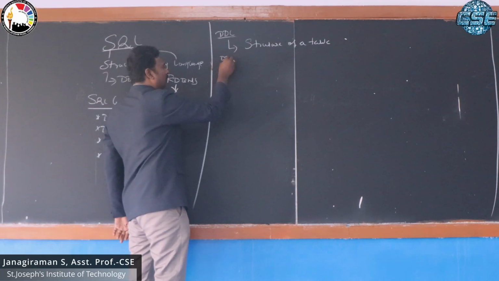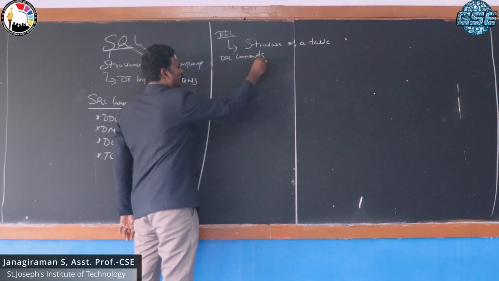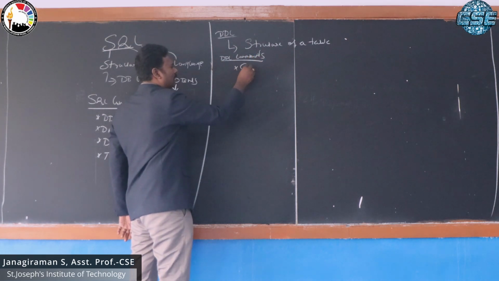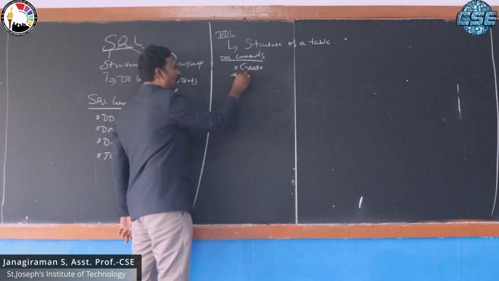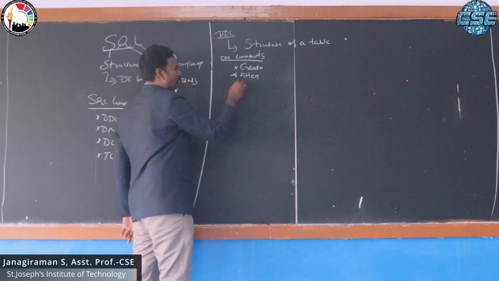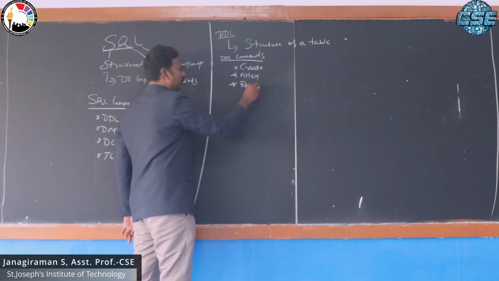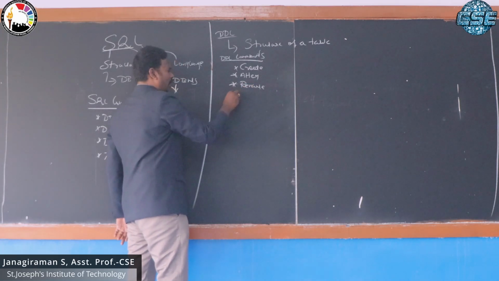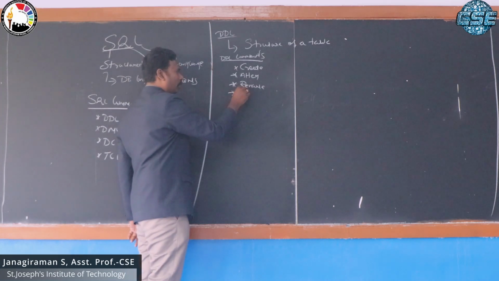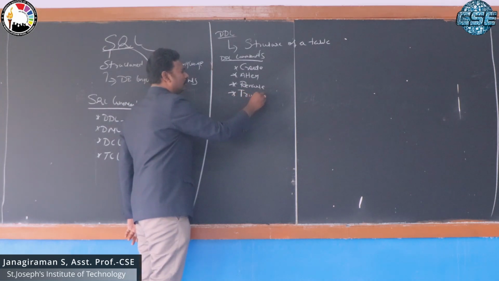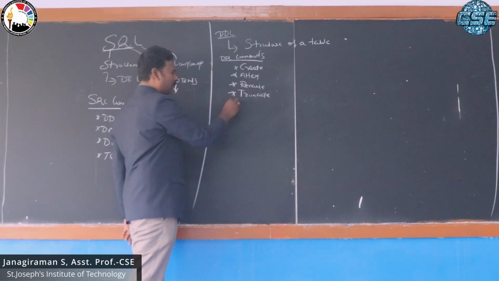The DDL commands are: the first command is create, the second is alter, the third is rename, the fourth is truncate, and the last is drop.